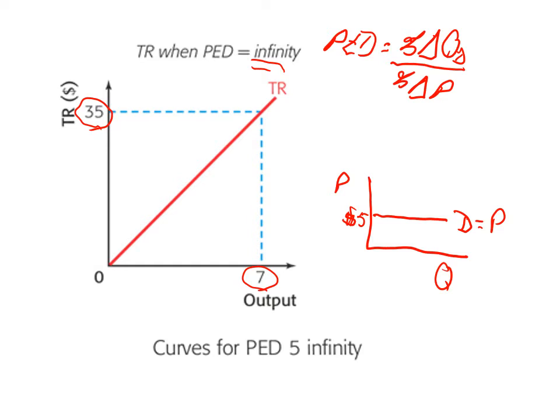Percentage change in price is 0, and when the denominator is 0, this fraction gets larger and larger, very large as you approach 0, and so that's why the PED is infinity.